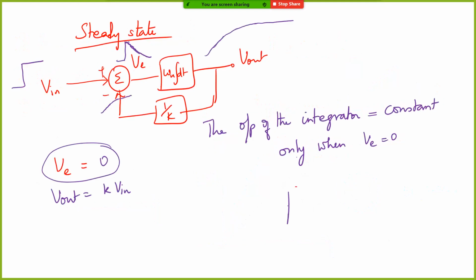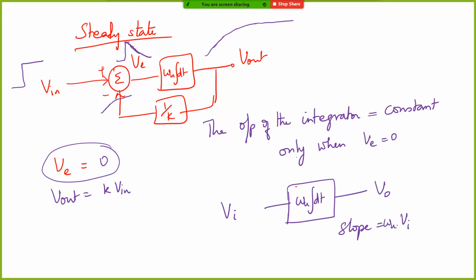You have this omega u integral dt. Let's say you have some Vi here and Vo here. We are only looking at the integrator. For this particular integrator, what is the slope? The slope we said was equal to omega u into Vi, correct?